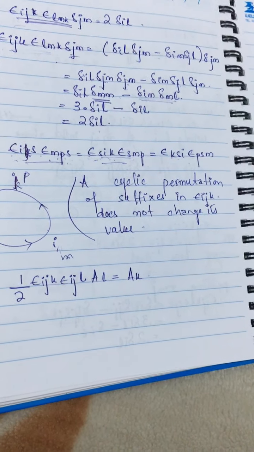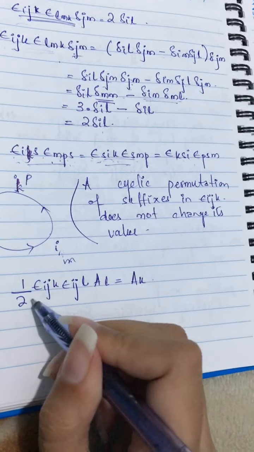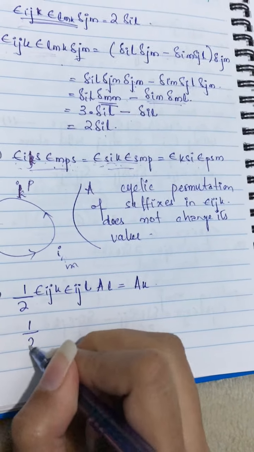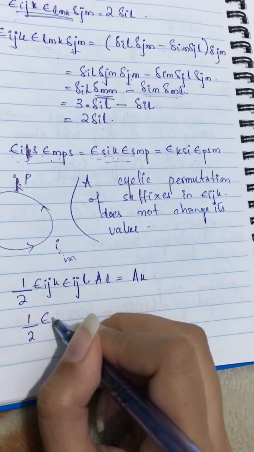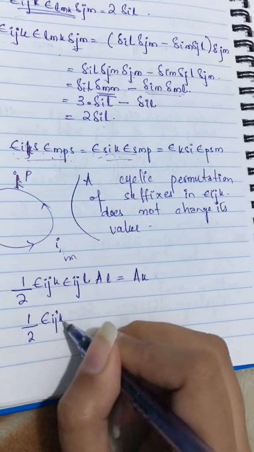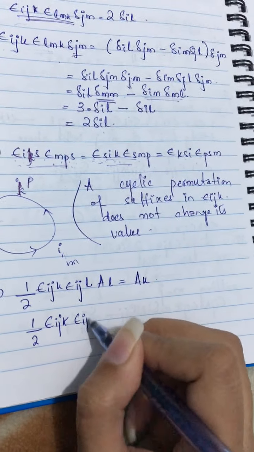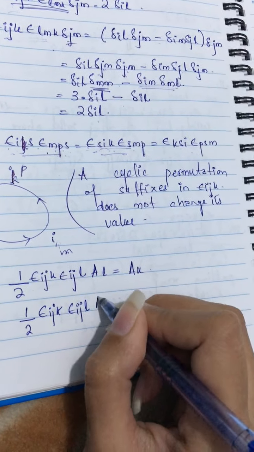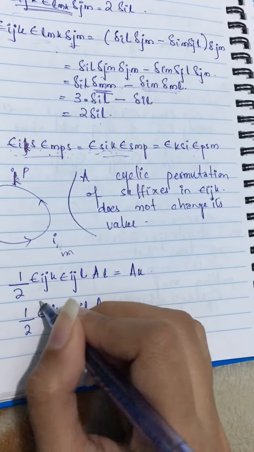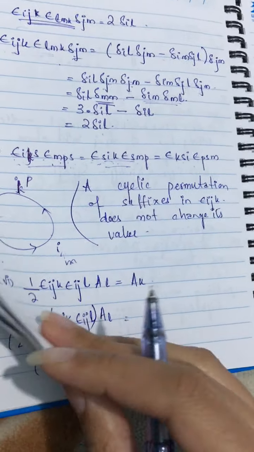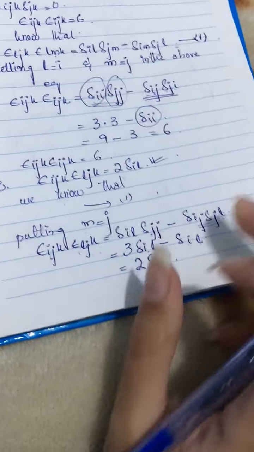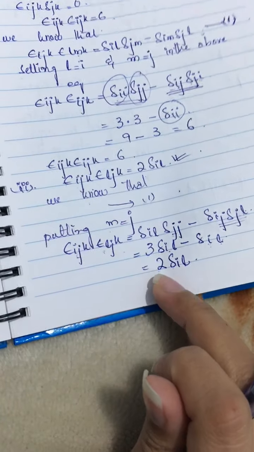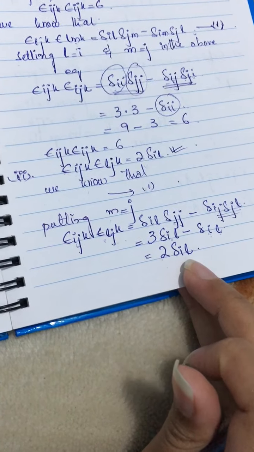So I'm using a result we discussed earlier: 1 over 2 epsilon_ijk epsilon_ijl A_l. Here I am taking this term, which we discussed earlier is equals to 2 delta_il.